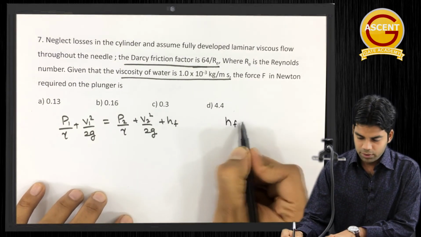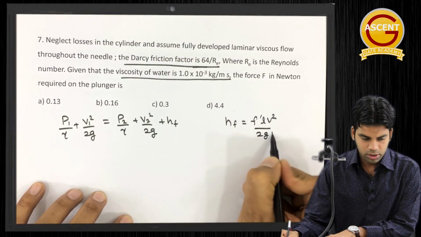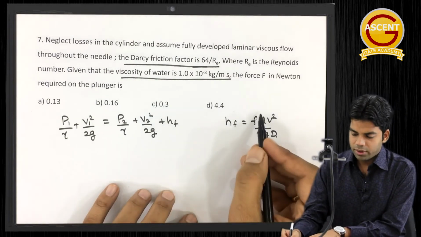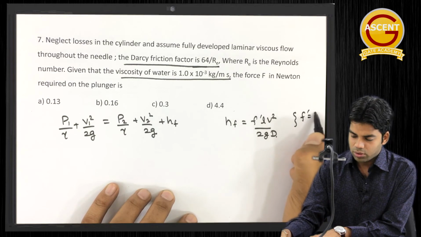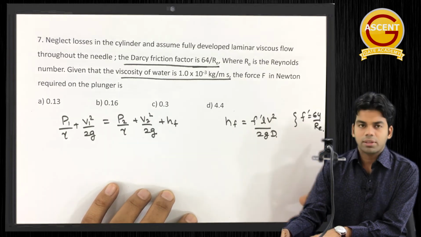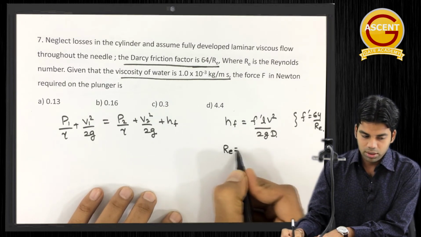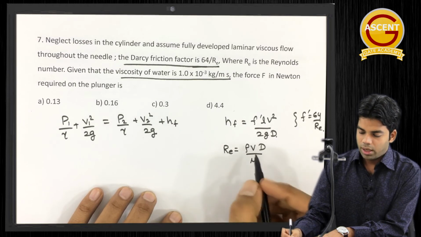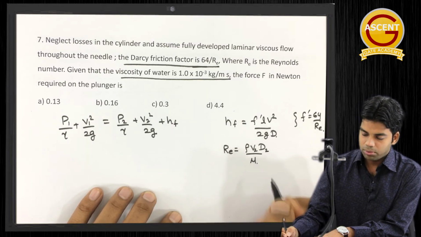So this HF we know is F dash L V square by 2G into D. For this, first we will have to determine this F dash, which is equal to 64 by Re. So we have to determine the Reynolds number, which we know is rho V d by mu. We have to calculate at exit, so this will be rho V2 D2 by mu.